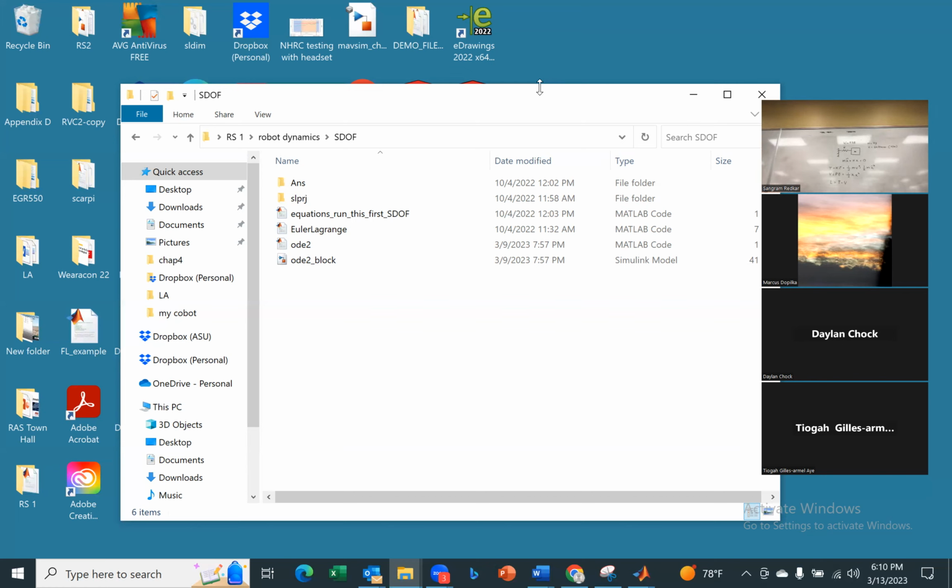Now, the MATLAB program that I have will take this Lagrangian, apply the Lagrangian equation, find out the differential equation of motion, and then numerically integrate the differential equation of motion and generate a plot.